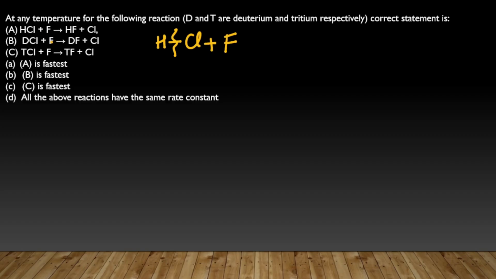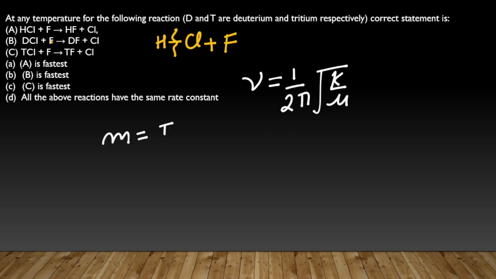So the bond breaking. We know that the stretching frequency is equal to 1 by 2 pi into the root of k by mu, where k is the force constant and mu is the reduced mass. In the case of HCl, DCl and TCl, comparing the masses, tritium has the maximum, followed by deuterium, and least mass for hydrogen. We know the stretching frequency is inversely proportional to the reduced mass.